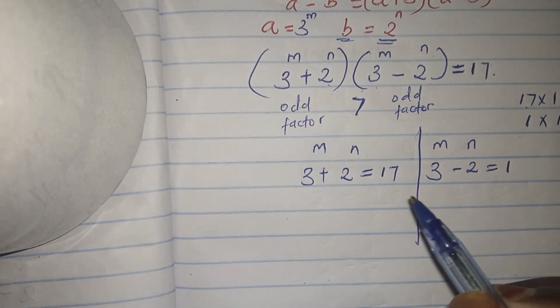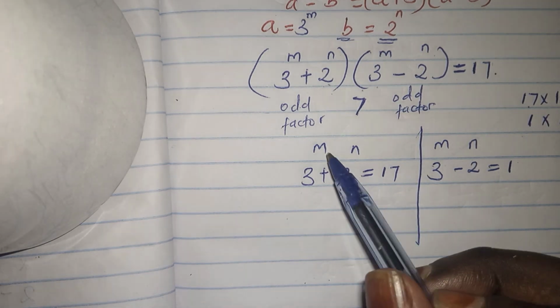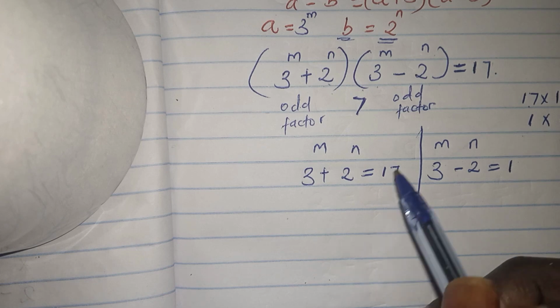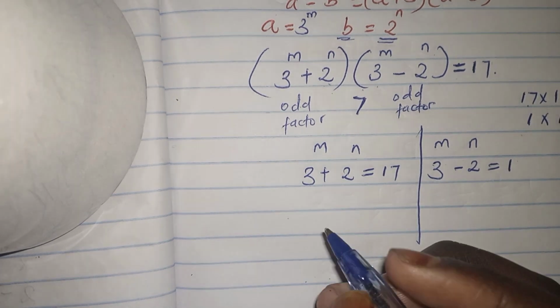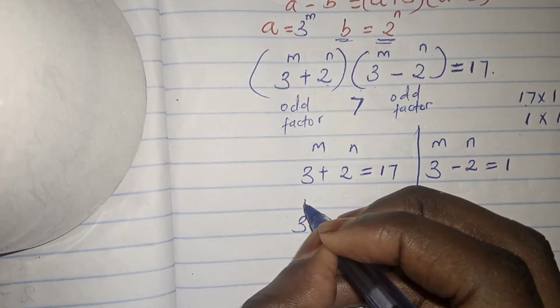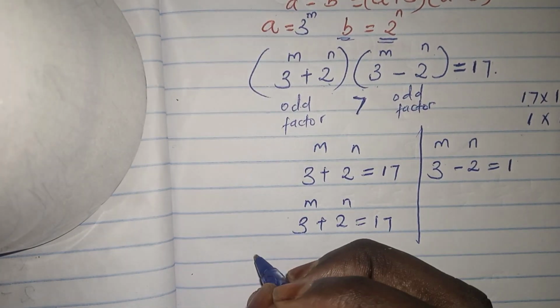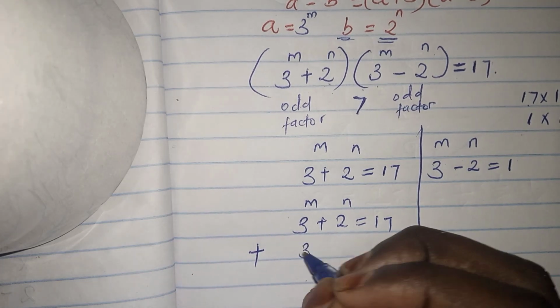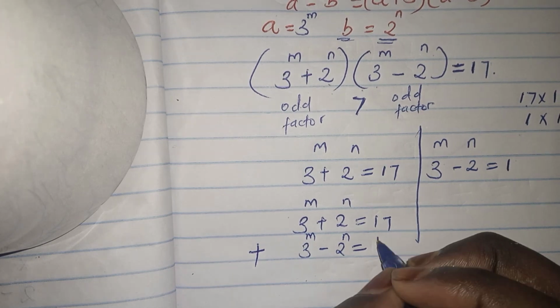Okay, so you can realize if we add the two, we can find the value of m or n. So let us add the two to get the value of m. This will be 3 to the power of m plus 2 to the power of n is equals to 17. I'm adding 3 to the power of m minus 2 to the power of n is equals to 1.